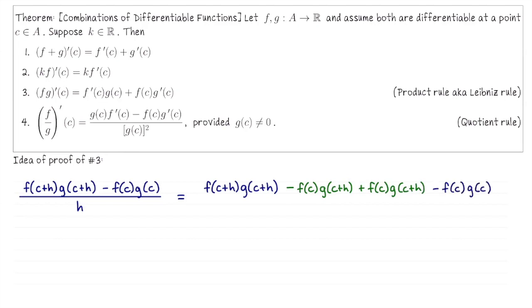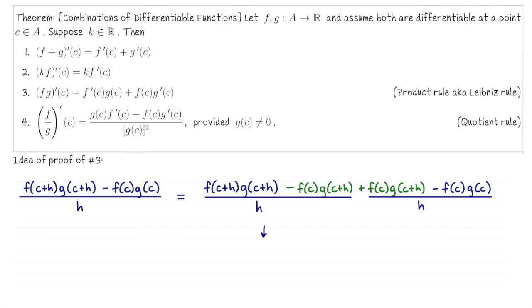The idea here is that when you look at these first two, the g of c plus h they have in common, so you could factor that out. And then f of c plus h minus f of c is the kind of expression you would want to see if you were, say, computing the derivative of f. Similarly, for the second one, the f of c you could factor out front, and g of c plus h minus g of c is the kind of numerator you would get in a difference quotient for g.